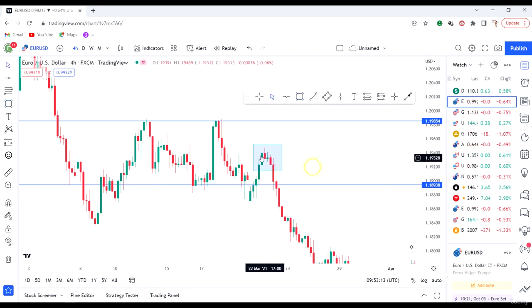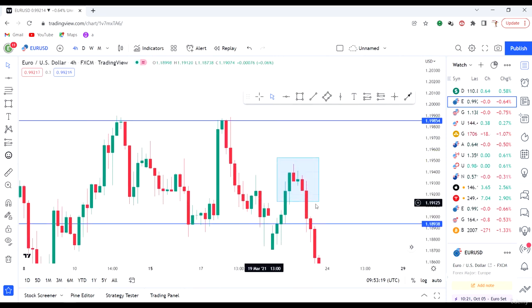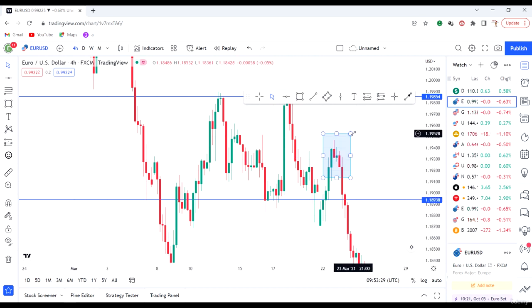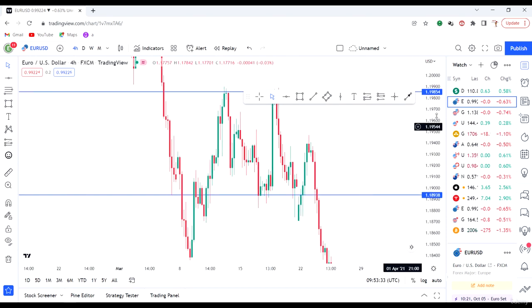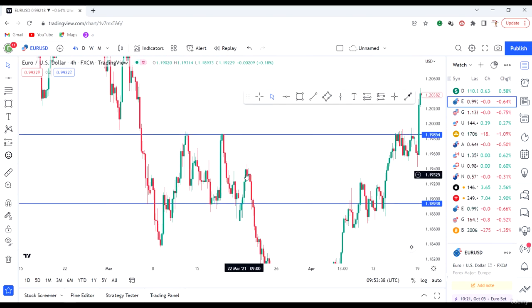Now this is what we call a candlestick pattern. This is an inside bar. Of course, we've not looked at candlestick patterns, but we're going to look at them in the future. But this is an example of a confirmation. And for me, this is another confirmation that the market might continue going down. And with proper risk management, that's by using stop losses and using good lot sizing, you'll be able to enter this trade.